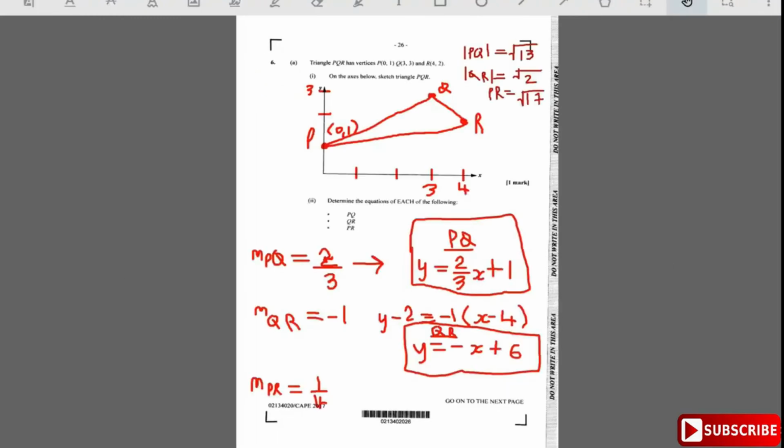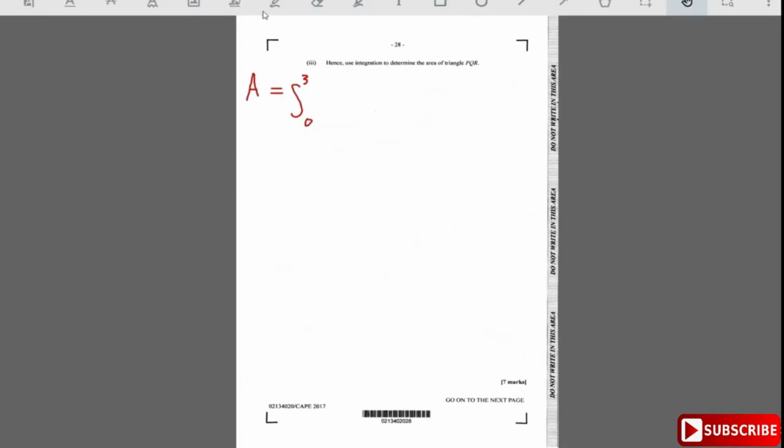So using integration, the area is equal to the integral from 0 to 3 of the line PQ, and PQ is 2 over 3 x plus 1. I won't put on the dx because of space, but don't ever follow me and do that.